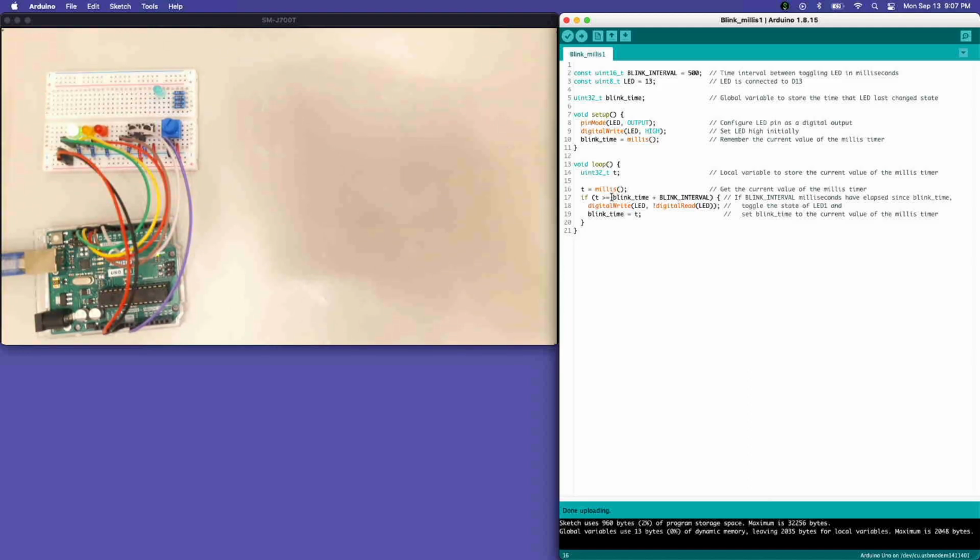That would happen when, for instance, blink time is within blink interval of 2 to the 32nd, so that the sum would exceed 2 to the 32nd, and t might be some very large number that may not be in excess of blink time plus blink interval, but still, because the right-hand side has rolled over, this test might pass and it would start to toggle the LED much sooner than it actually should. That struck me as a potential issue with the way I formulated this if statement.